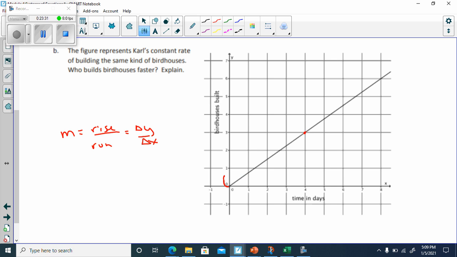This is going up 1, 2, 3, so we went up 3, and over 1, 2, 3, 4, so over 4. Up 3 over 4. If I divide 3 by 4, I get a rate of 0.75 birdhouses per day.